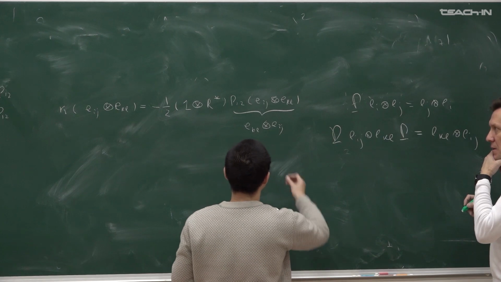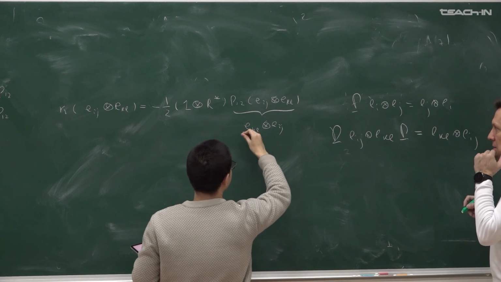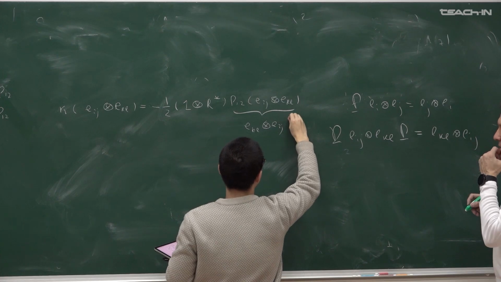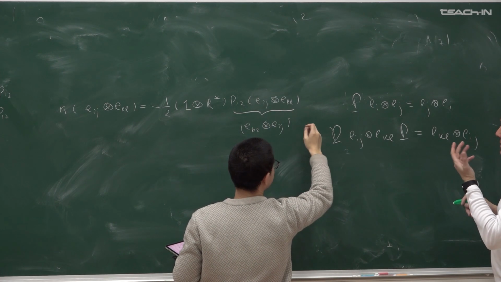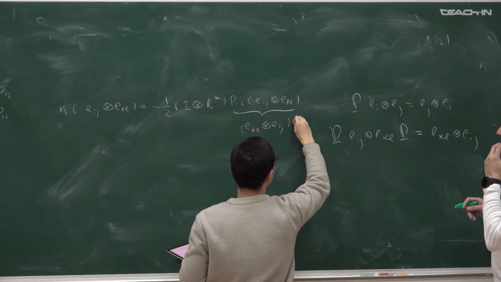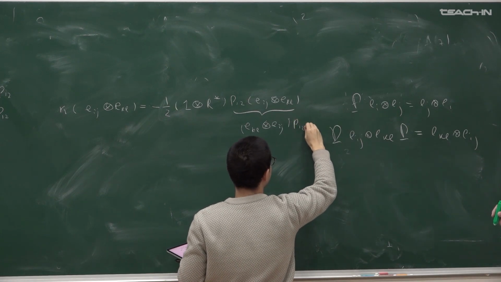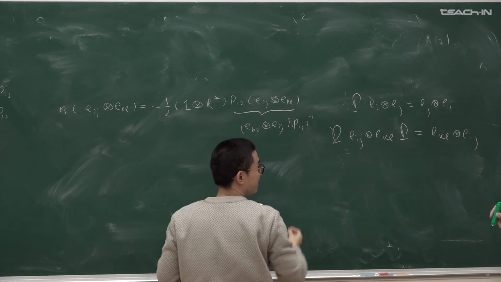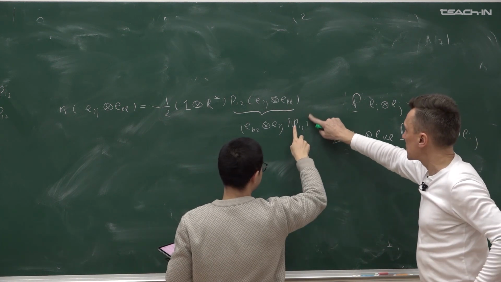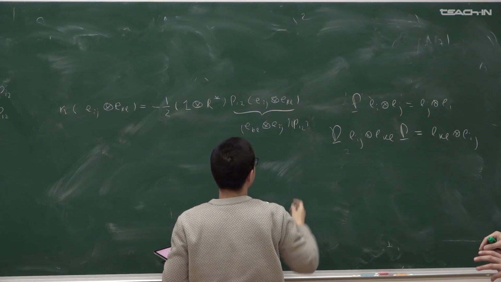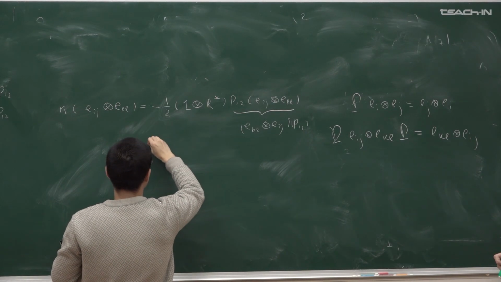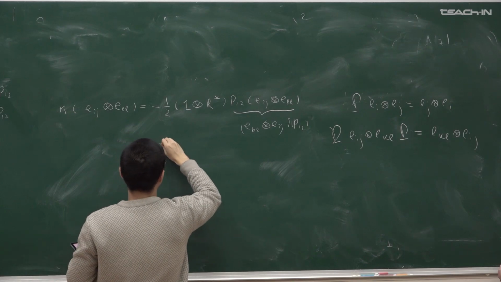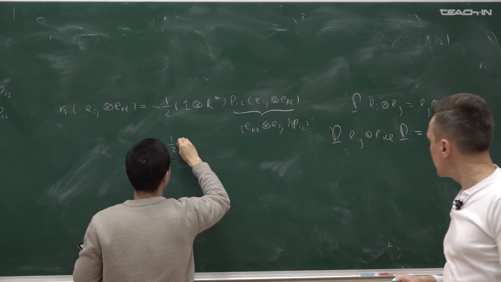So we multiply by P. P1 minus 1, it's involutive, so it's the same. And so we multiply this and get minus 1 over 2.